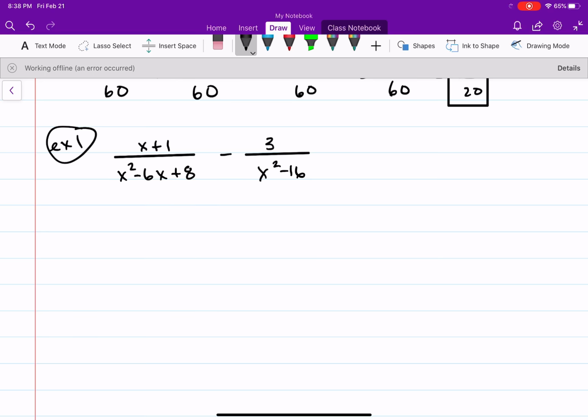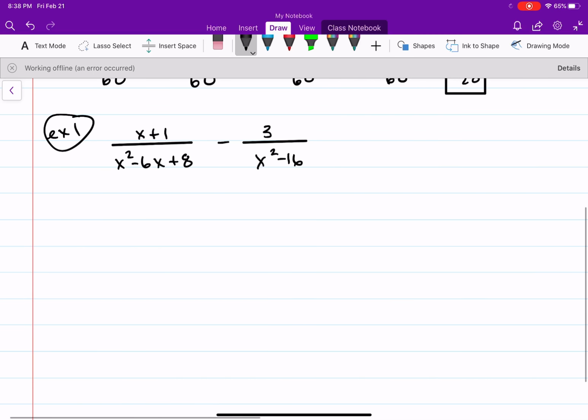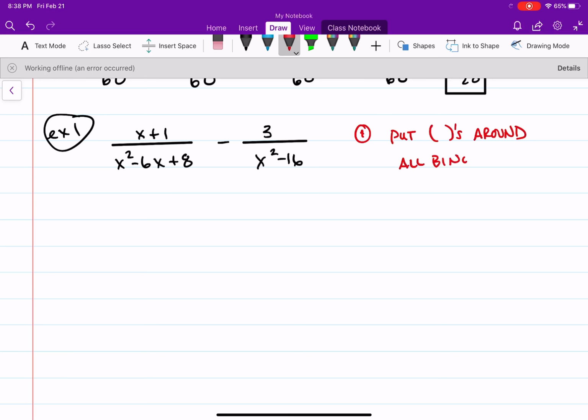Okay, so let's look at that. Step 1 is going to be put parentheses around all binomials.